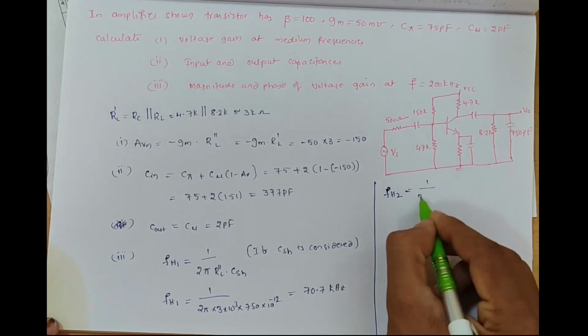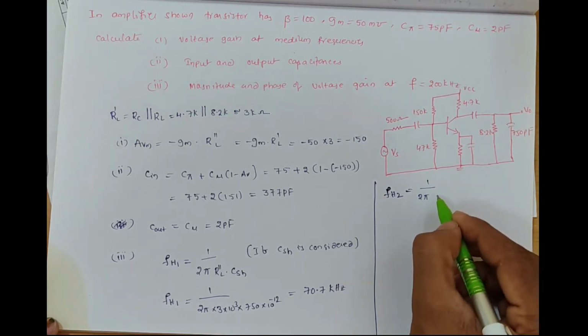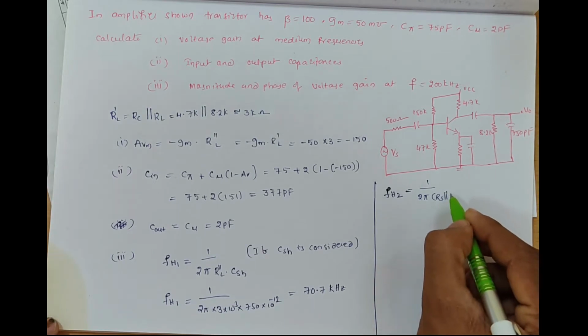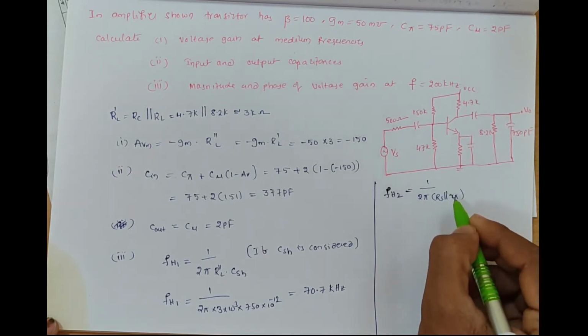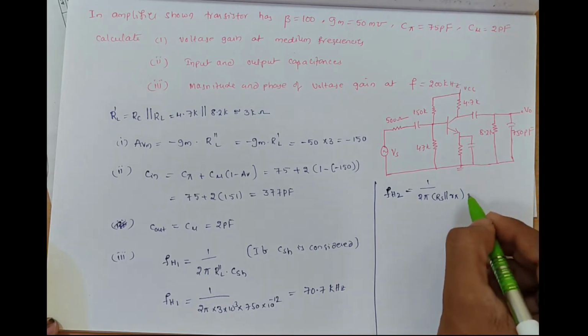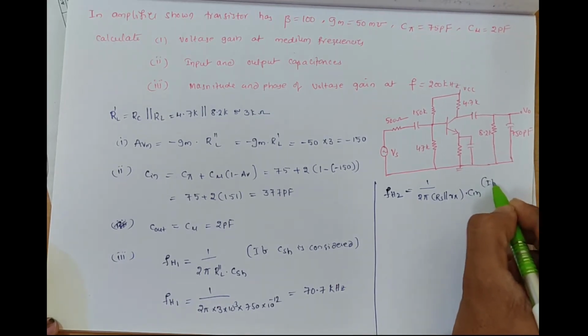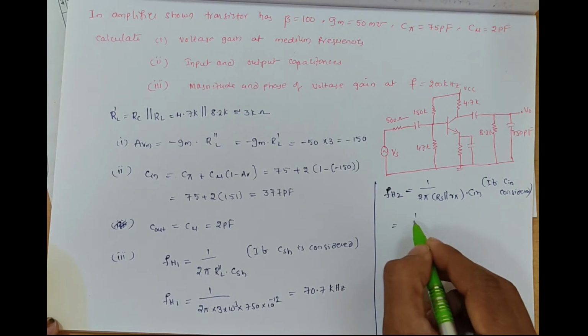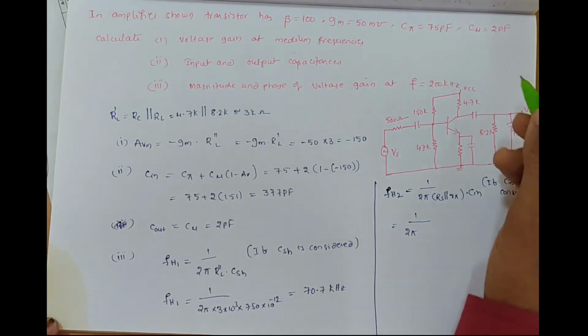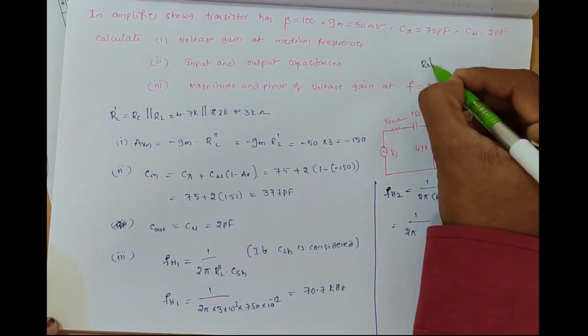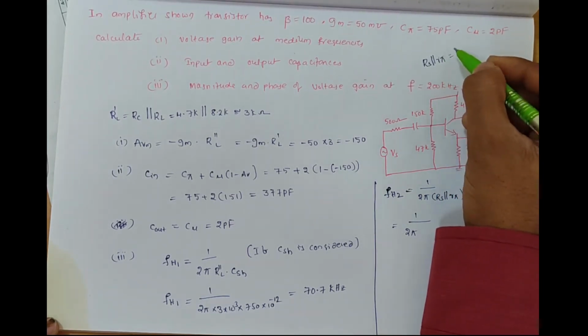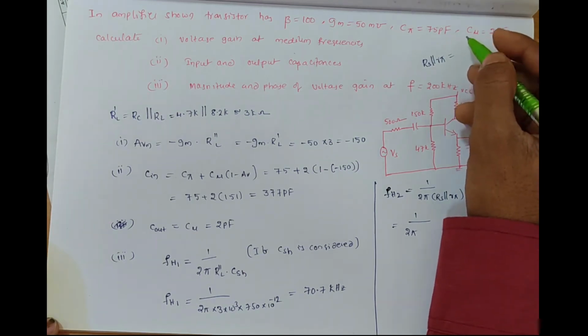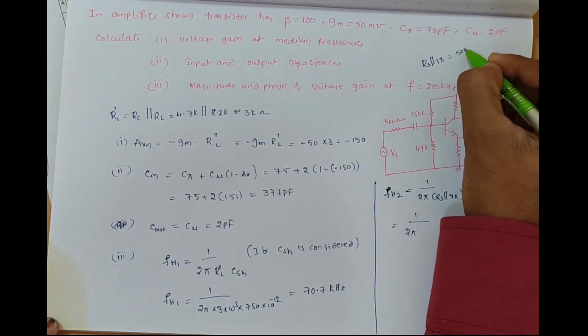It is nothing but 1 by 2 pi times RS parallel with R pi into C in. RS parallel with R pi, where RS is given as 500 ohms.